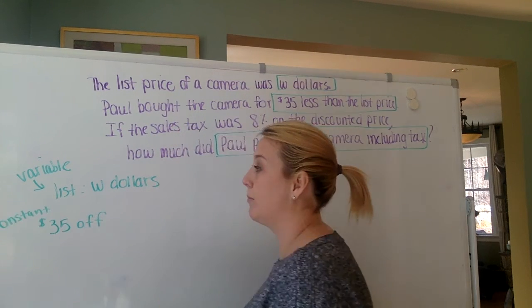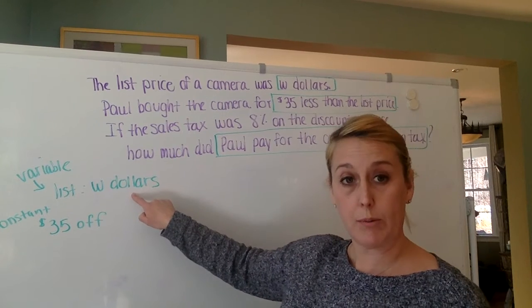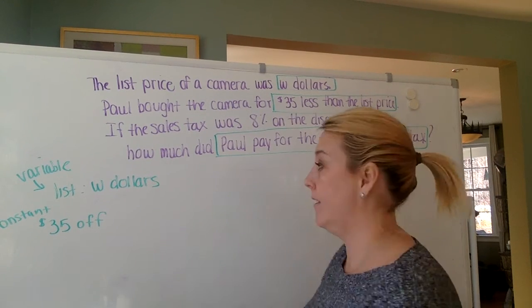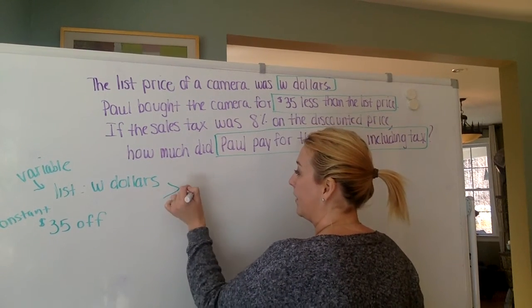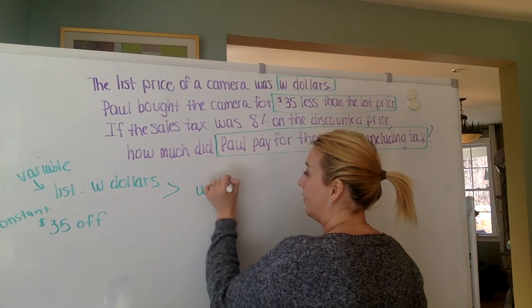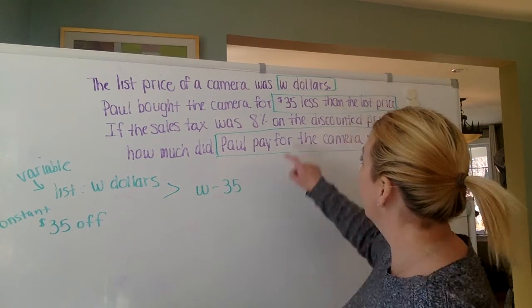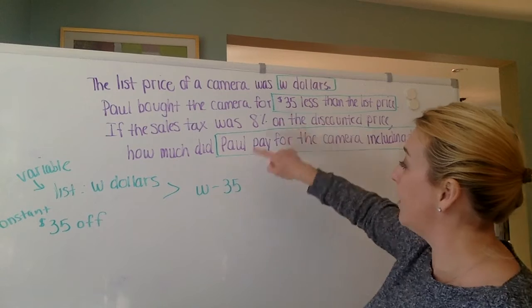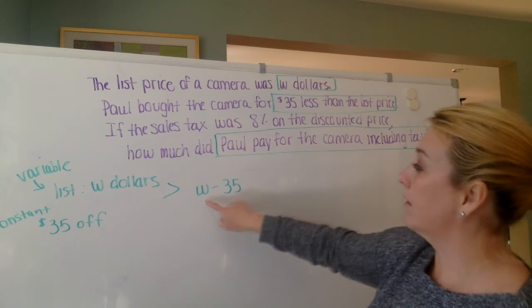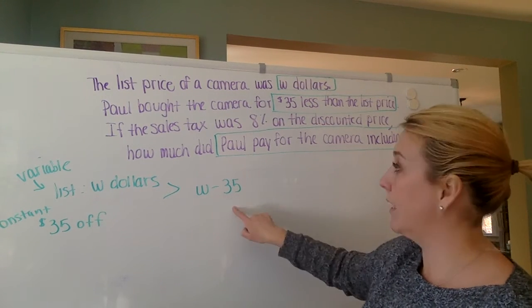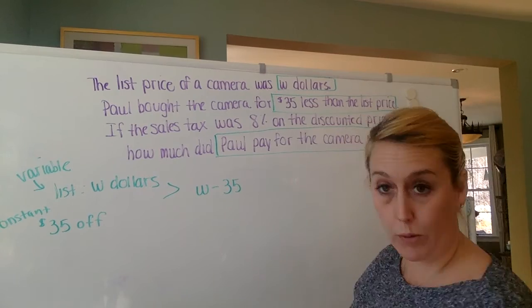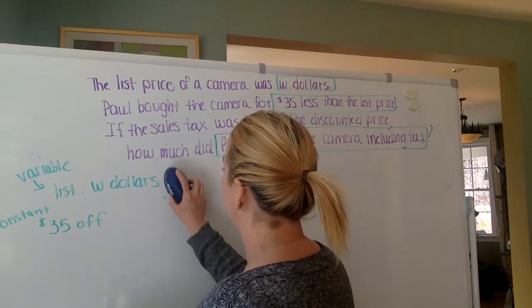Whatever we determine the list price is, it was W minus $35. The list price was W, but he paid 35 less than the list price. So this would be an easy W minus 35. But we're not done yet, I just wanted to frame that for you.